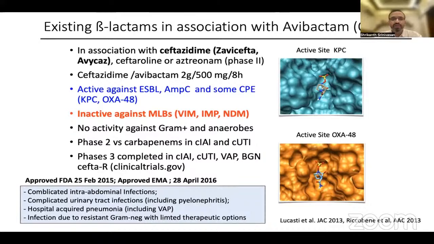It underwent phase 2 trials versus carbapenem in complicated intra-abdominal infections and complicated UTI, and phase 3 has already been completed. It has been approved since April 2016 by the FDA for intra-abdominal infections, urinary tract infections, hospital-acquired pneumonias, and infections due to drug-resistant gram-negative organisms where the other options are limited.